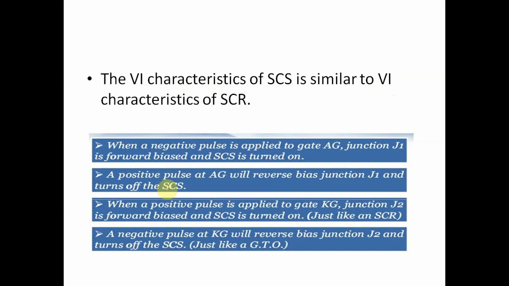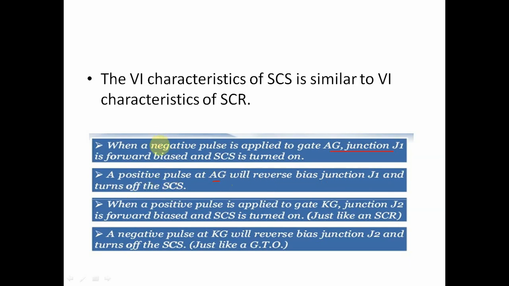These are some important points related to the VI characteristics of SCS. When a negative gate pulse is applied to the anode gate, junction J1 is forward biased and SCS is turned on. A positive gate pulse at the anode gate will reverse bias junction J1 and turn off the SCS.